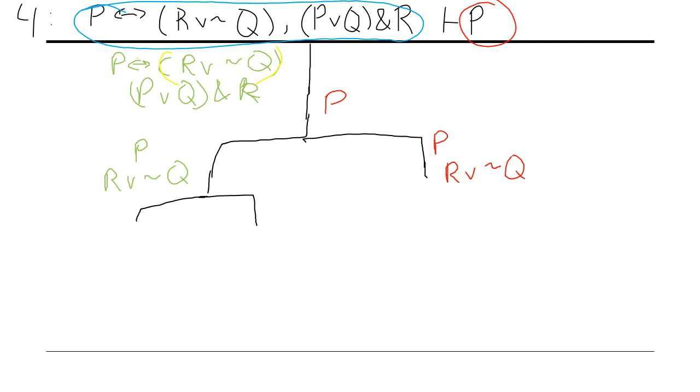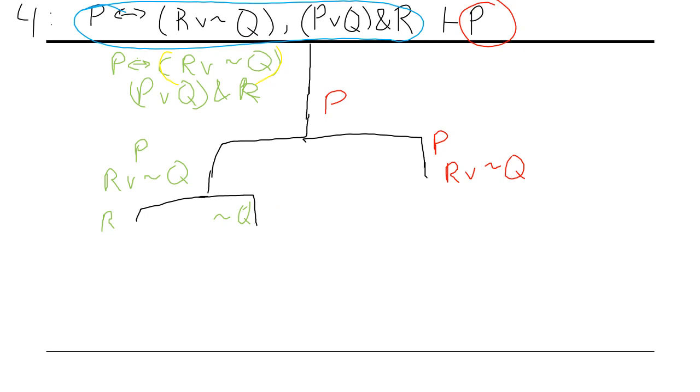So either the left side is true or the right side is true. So wedges, if one of them is true, it's true. And then we just need to work on this, which is just flip it over into a Q over.